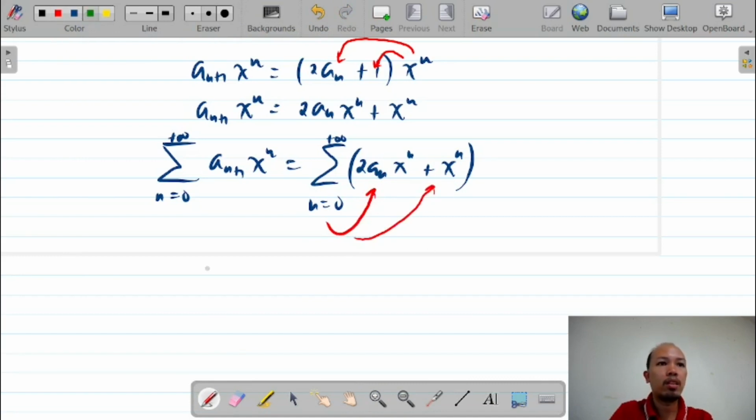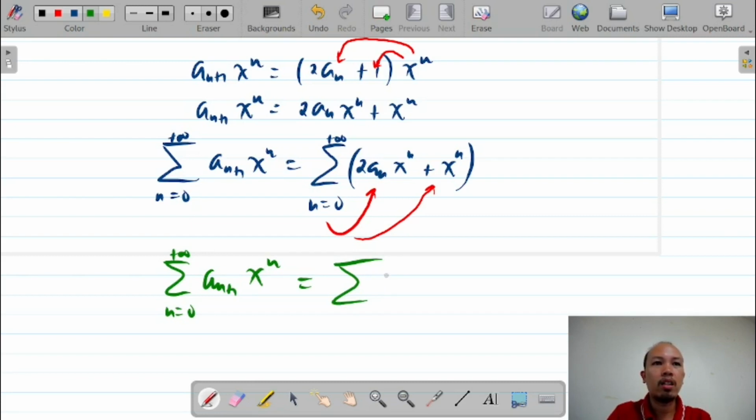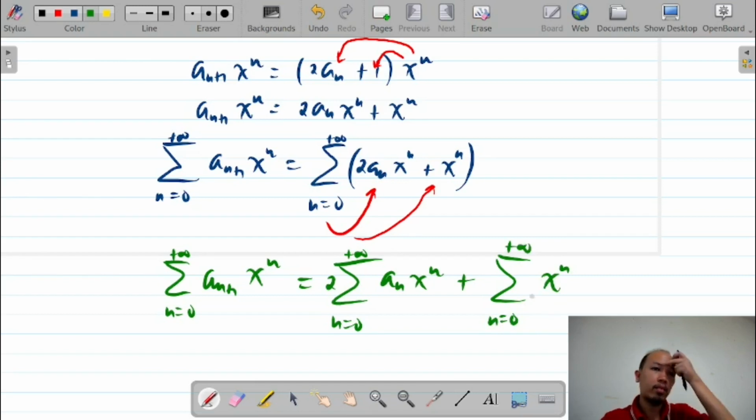So what we will get here is summation of x to the n starts from 0 to positive infinity equals, let's say you have 2 here, a sub n x to the n. You can move the constant outside, plus summation of x to the n, and starts from 0 to positive infinity.